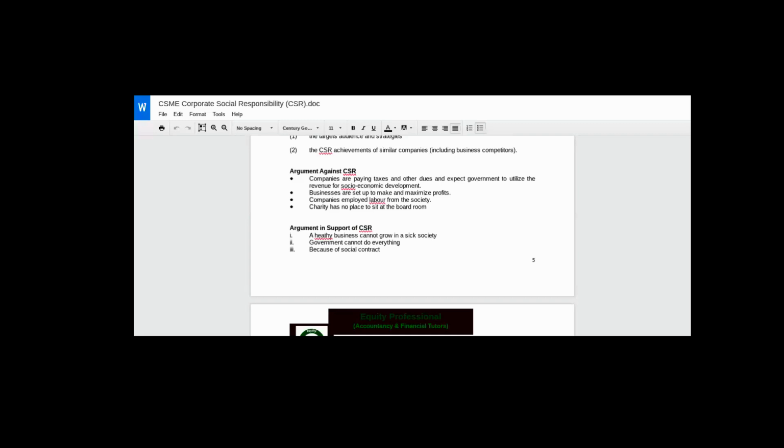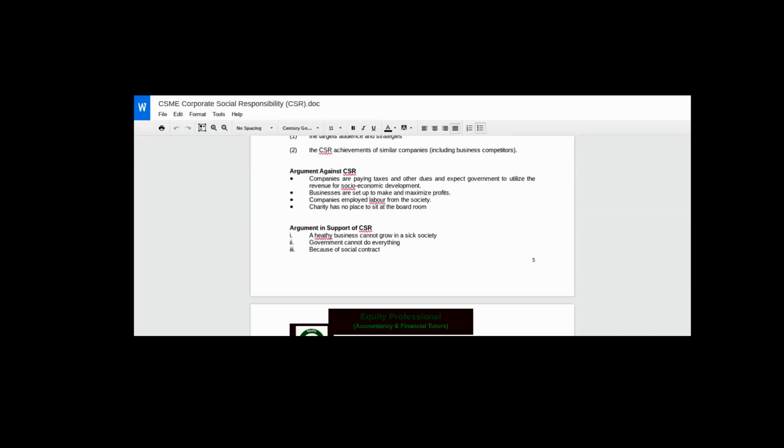They pay some dues to the government. At times, they pay multiple taxation to the government. So what are government doing with this money? We are expecting the government to use all the revenue generated through tax and dues to impact meaningfully on the societal well-being, on socio-economic development, security, education.